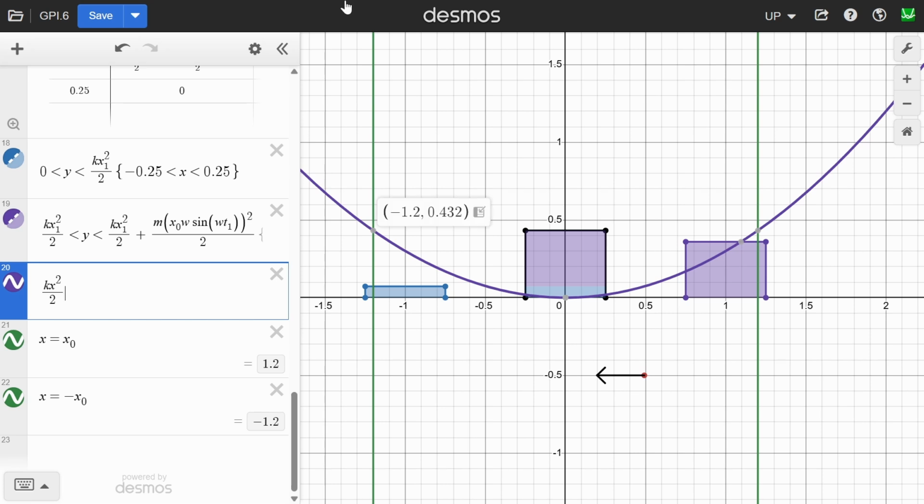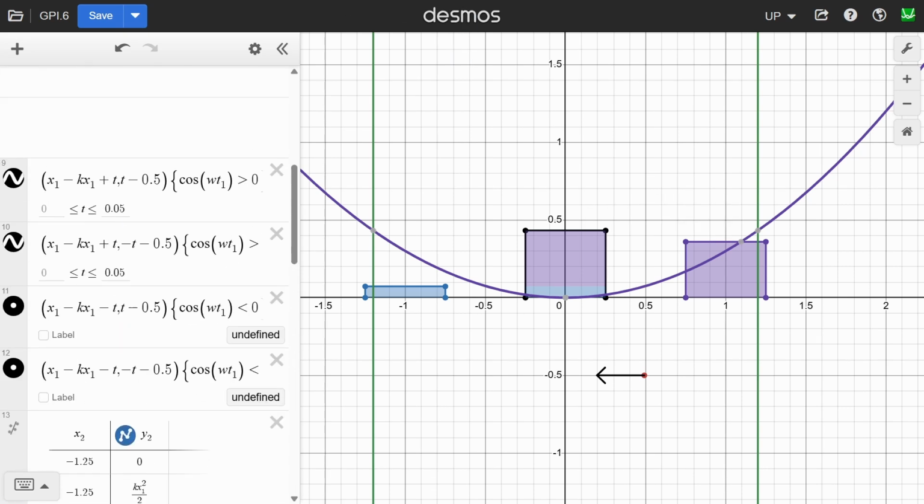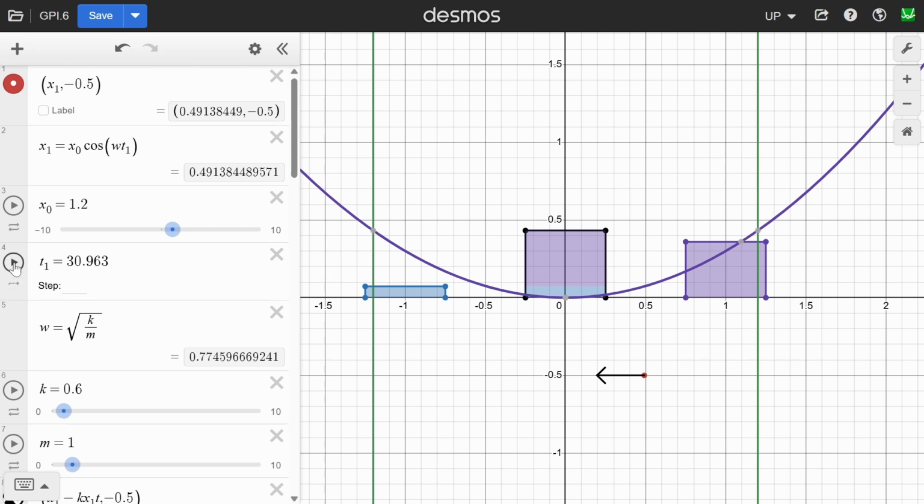Basically, this is where the particle should be, in between these wells. So if you have the energy on this black line here, your system should be in between these guys. And if you actually run this, you would see that there is an oscillation.